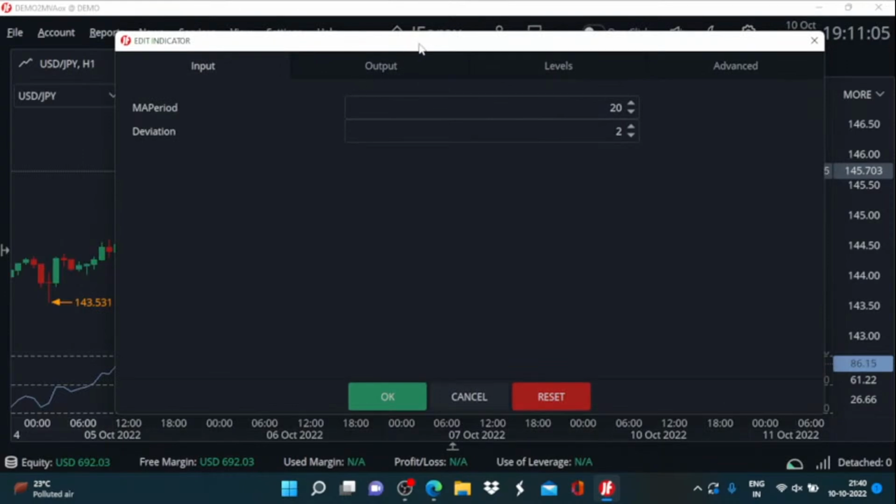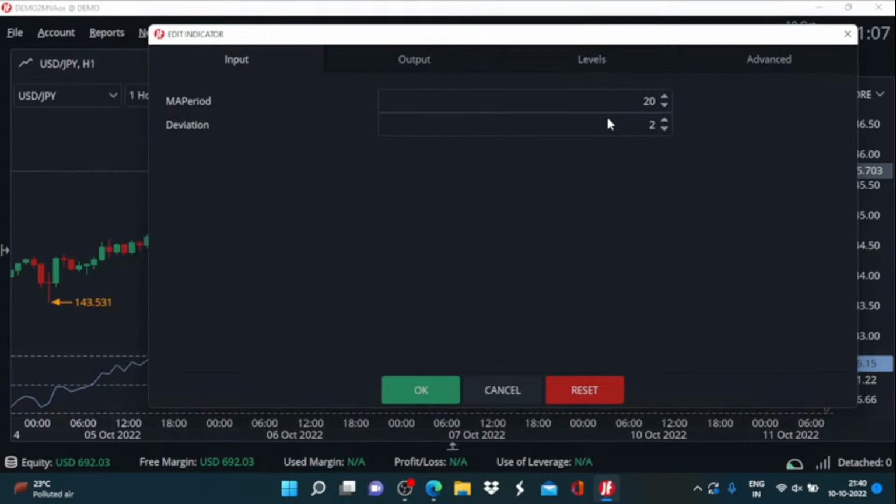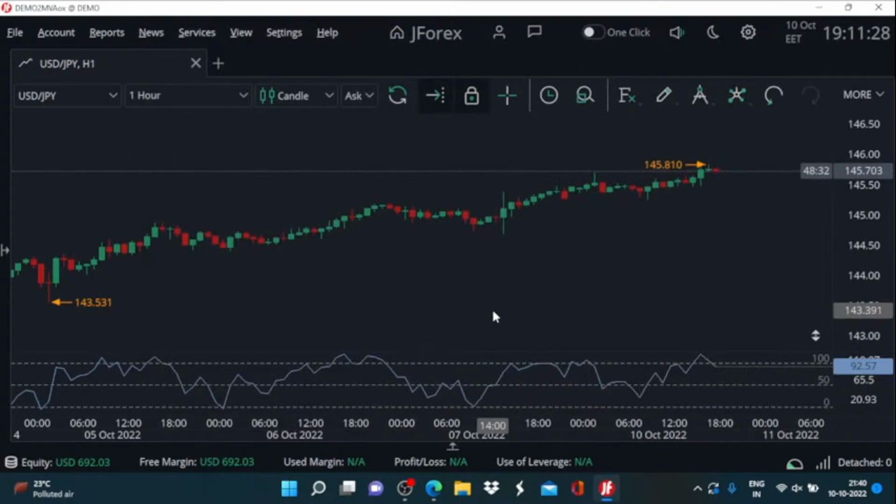So here the moving average period is 20. This is the default setup, and the standard deviation is 2. You can play around with these values. You can increase or decrease the moving average period. Suppose if you want it to be lowered, then you can do that as well. If you want even the standard deviation to be less, then you can do that as well.